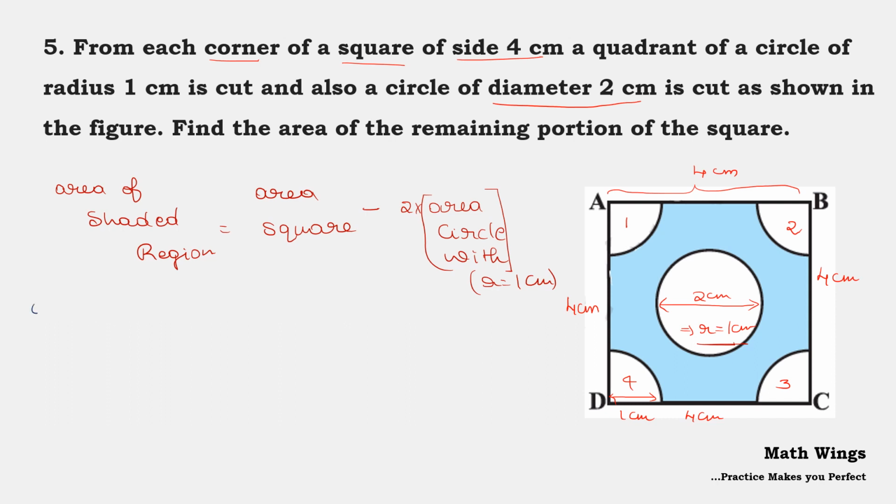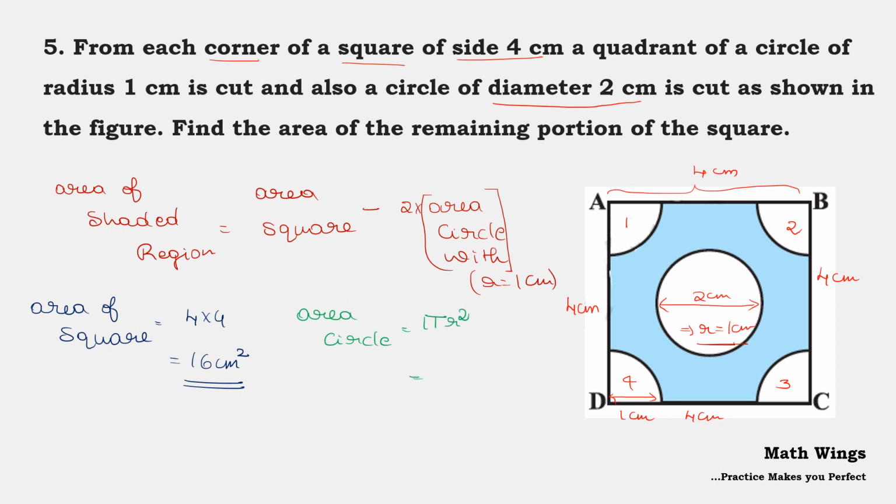First, what is the area of the square? Area of square is equal to side into side, that is 4 into 4, which is equal to 16 centimeter square. Now, what's the area of the circle? Area of the circle is equal to pi r square.